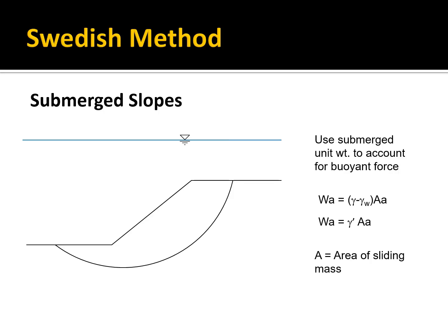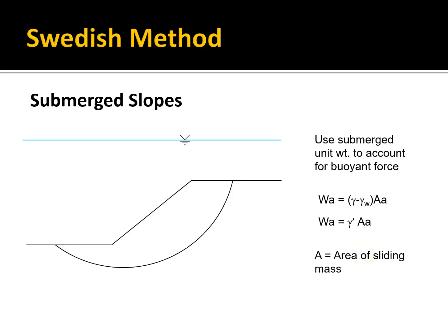If you have a fully submerged slope, the whole slope becomes buoyant, and the W times A, the moment due to the weight, is equal to the buoyant unit weight times the cross-sectional area. That's what the capital A represents, and the small a is the moment arm as before.